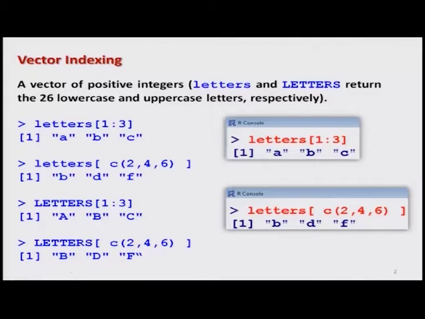And if you remember, we had used the syntax letters in small letters to call the lowercase alphabets like small a, small b, small c and so on, and using the capital LETTERS, that is the syntax, we can call the capital letter alphabets like capital A, capital B, capital C, capital D.